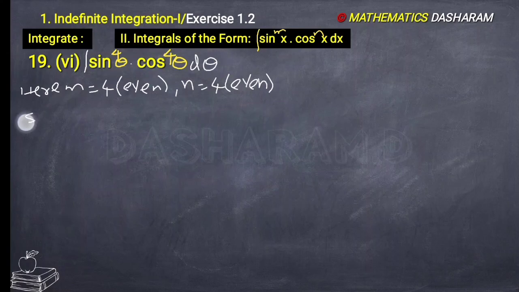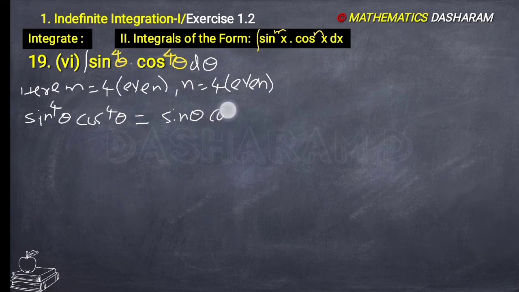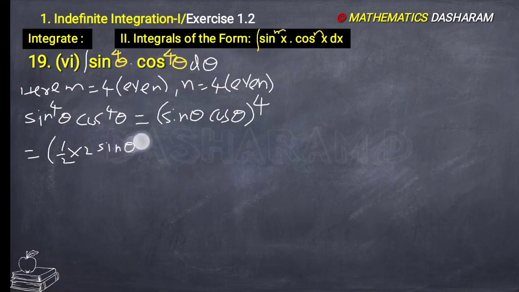So first of all, sin to the power of 4 theta into cos to the power of 4 theta is equal to sin theta into cos theta all to the power of 4. Next, multiply and divide with 2. So 2 sin theta into cos theta is sin 2 theta.